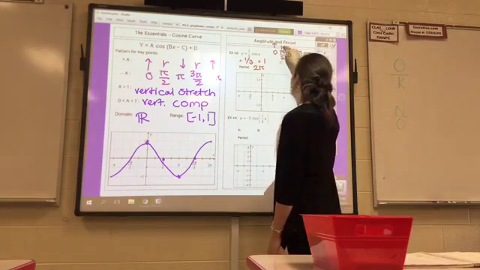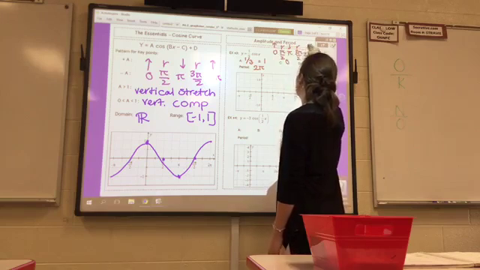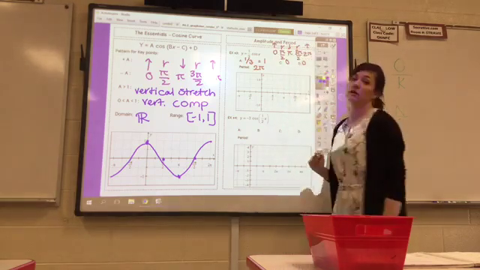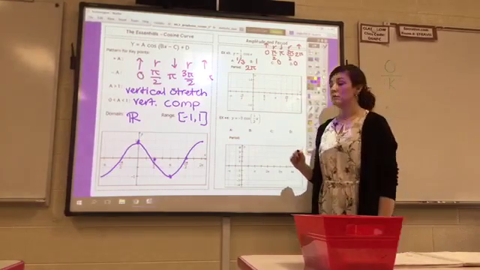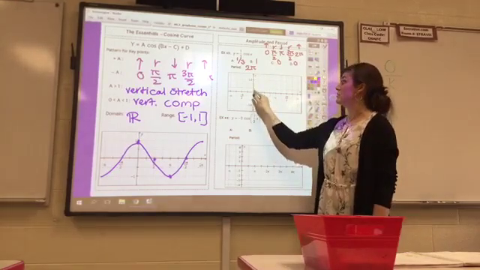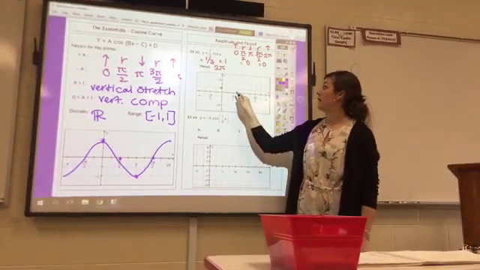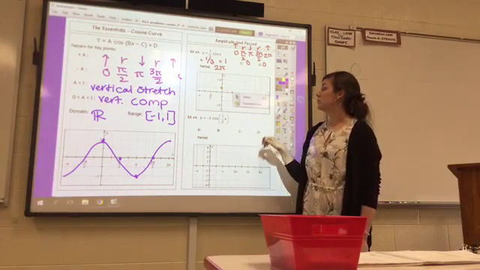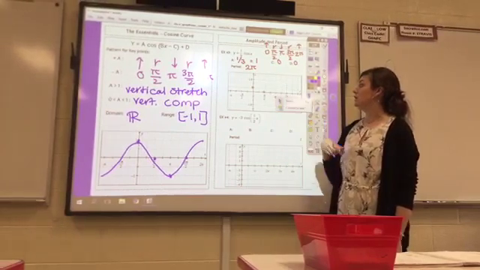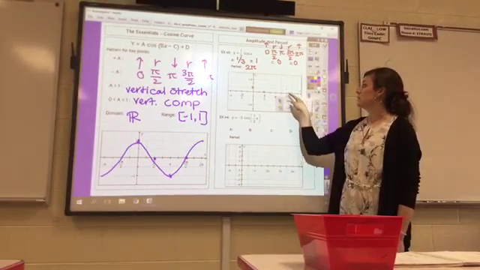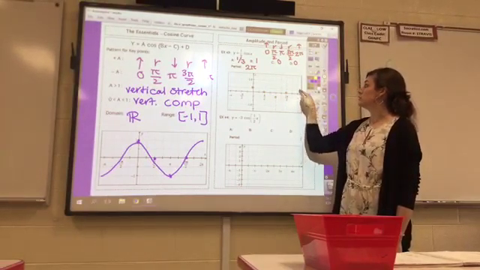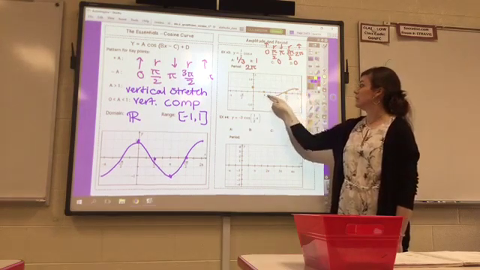Cosine is up, root, down, root, up. How far are my ups and downs going? 1/3. So if I start at 0, I go up 1/3. At pi over 2, I have a root. At pi, I'm at negative 1/3. 3 pi over 2 is a root. At 2 pi, I'm up 1/3, so it looks like this.